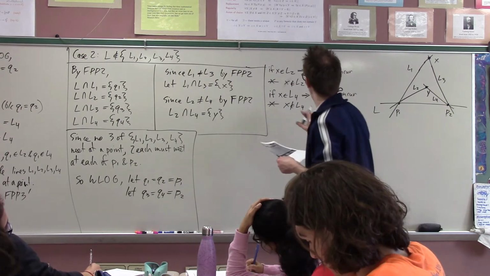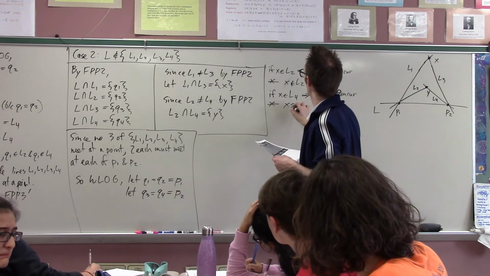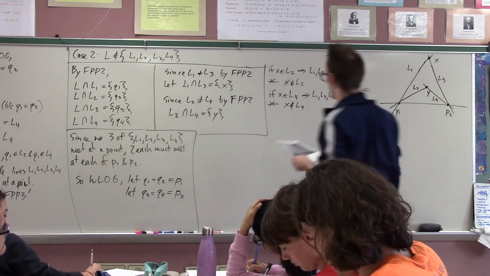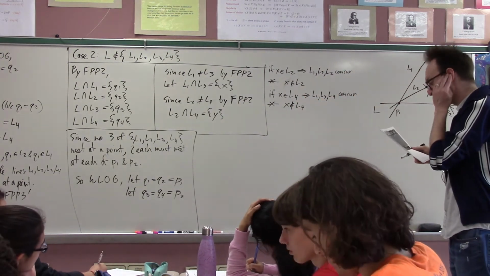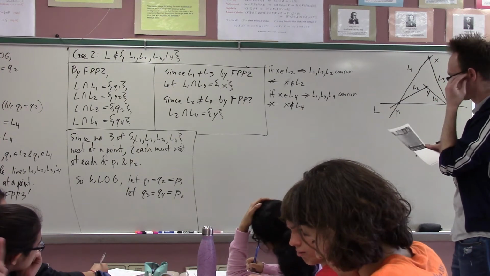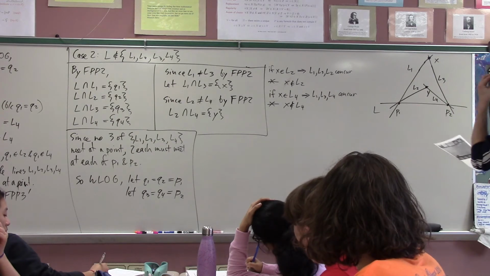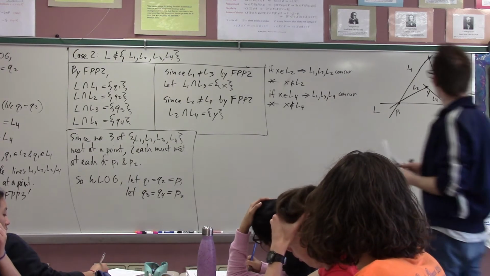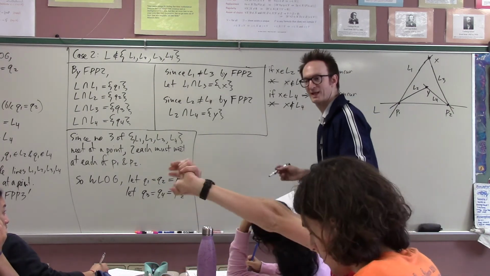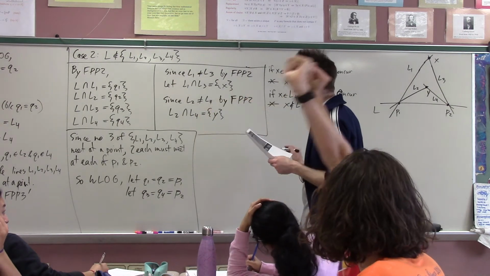Well, first let me make one more comment, which is also, if X is not on L2 and not on L4, then X can't be P1 or P2. It sounds really obvious, but it's a fact, right?